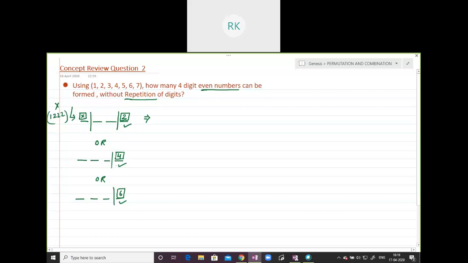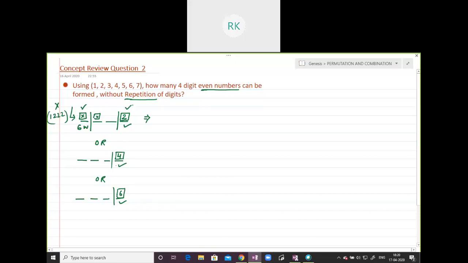Among 7 digits, 2 has been frozen. So how many remaining digits are there? 1, 3, 4, 5, 6, 7. So we have 6 possibilities, and I can plug in any one among 6. Now, two digits have been used up.